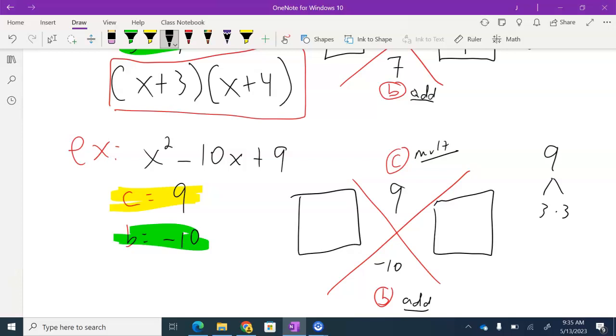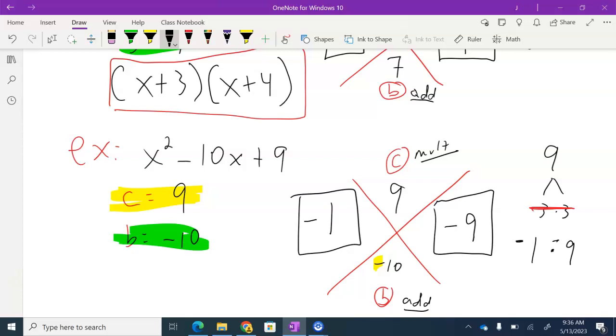Well, if 3 times 3 doesn't work, the other thing that makes 9 is 1 times 9. 1 times 9 is 9, and if you were to add 1 plus 9, you would get 10. We're trying to get negative 10, and so what happens then is we need to make both of these negative, right? Because if you multiply a negative 1 times a negative 9, you get a positive 9.